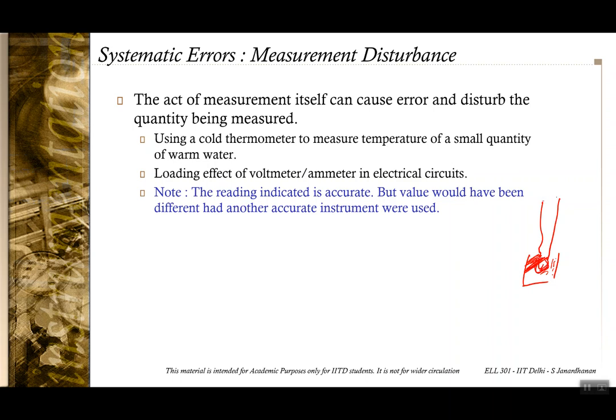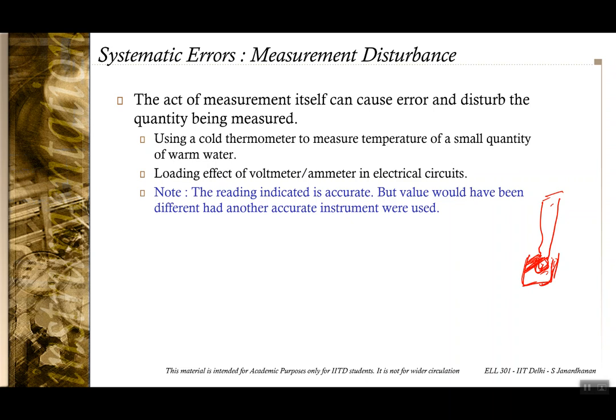Let us say this thermometer is initially quite colder than the water, so the water has to heat up the bulb of the thermometer. That is going to reduce the amount of heat in the water, which again is going to reduce the temperature of the water.